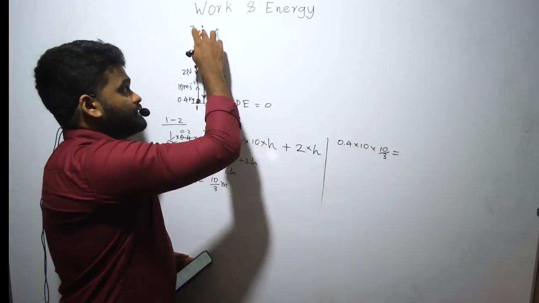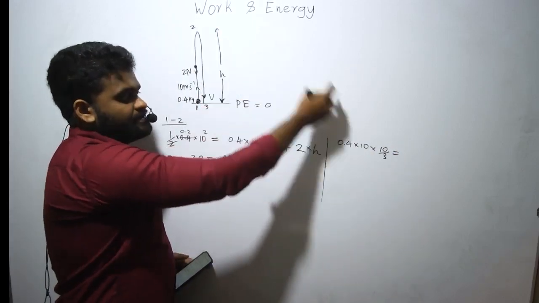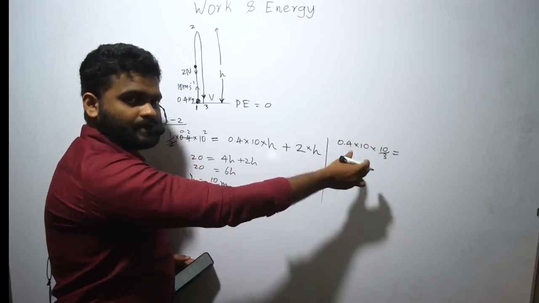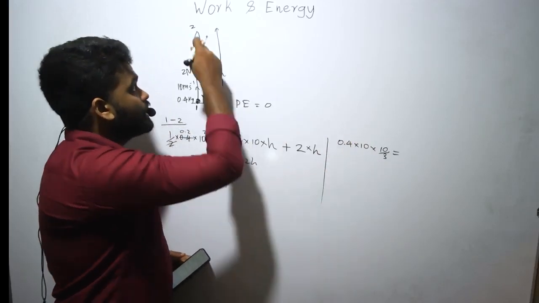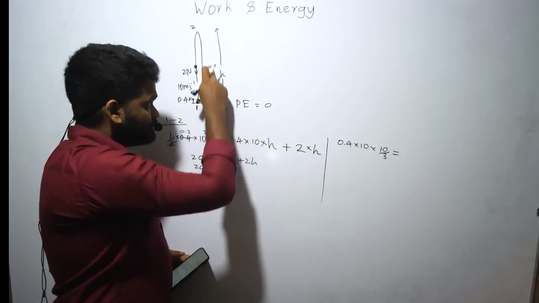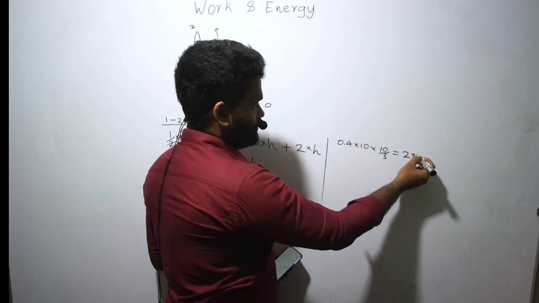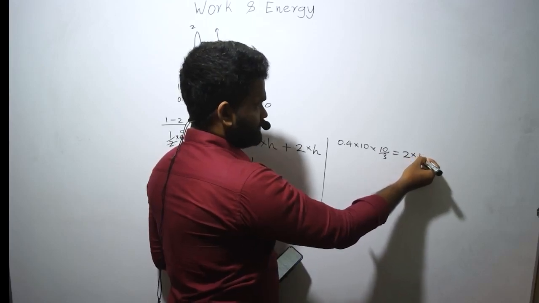So now the available energy is this much. Part of that energy is consumed by the resistive force as it moves down. So here we can say the resistive force is 2, and the height we already know.